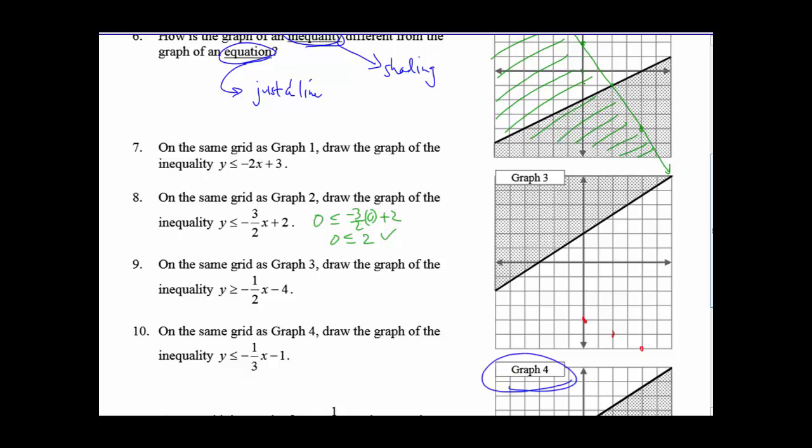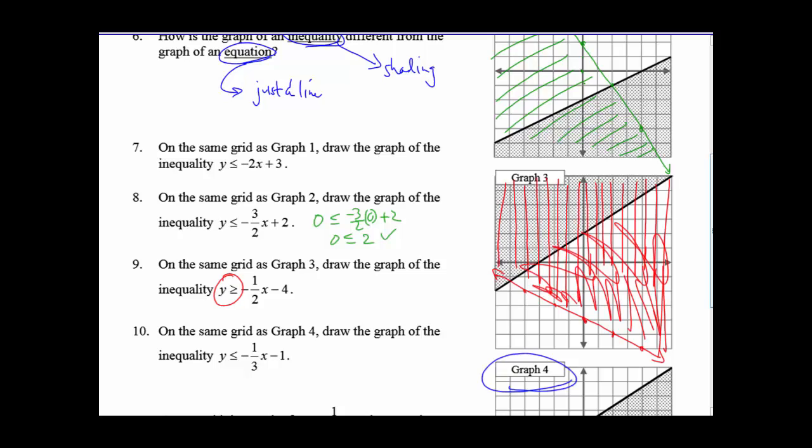Let's go back to the original negative 4 and go up but left. Up but left. And we have some more points. If we connect the dots, we get this line here. Now we're interested in all the values that are greater than. So if they're greater than, we're going to shade above the line. If we draw our lines, we get that graph.